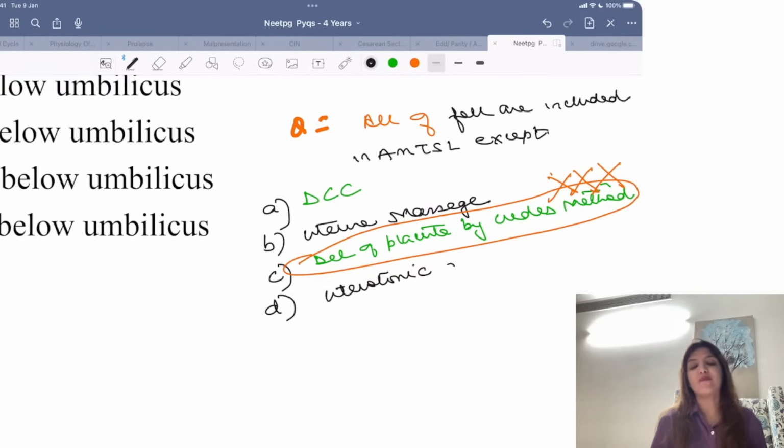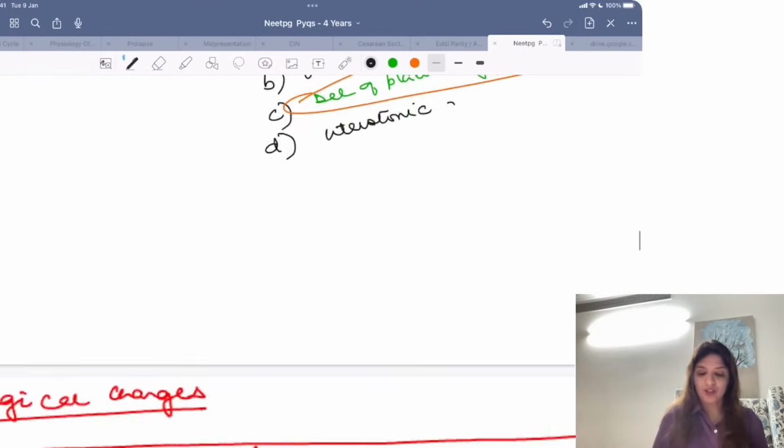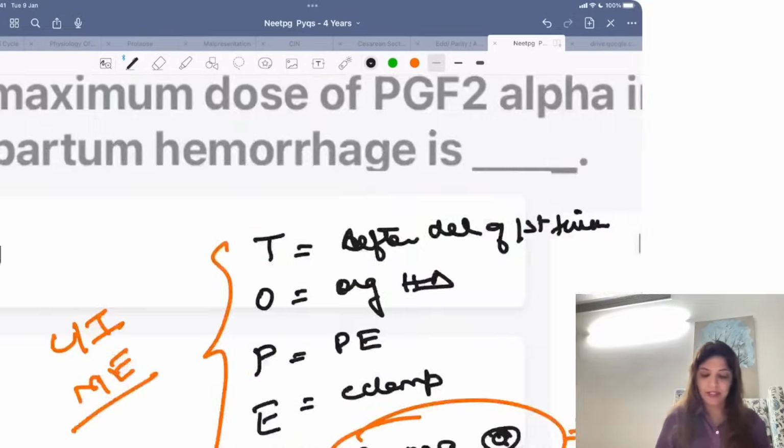You will never give methylergometrine to hypertensive females, right? So methylergometrine is contraindicated in hypertensive females.